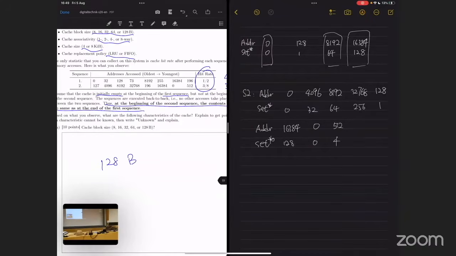Okay, so as we can see here, we can know for sure that this access sequencing S2 will not replace the cache block 128 because it's in set 1 and no other asterisk value in sequence 2 could conflict with it.